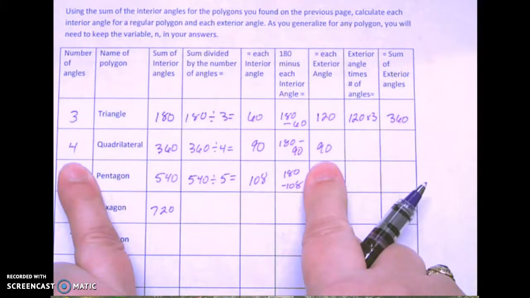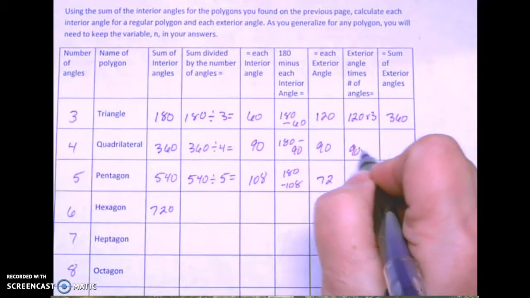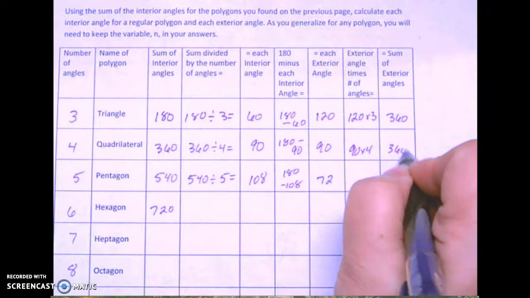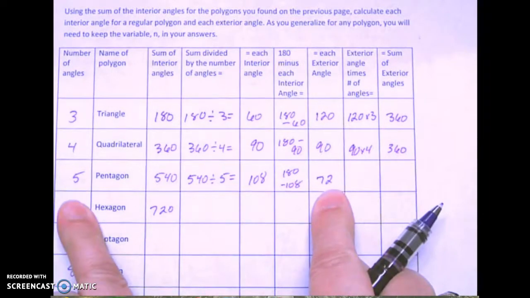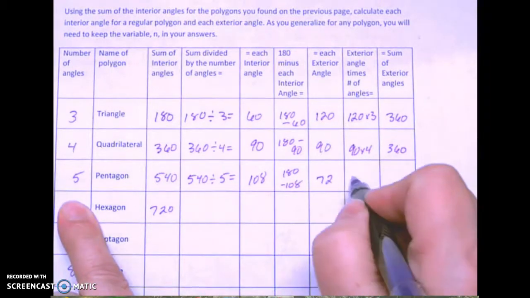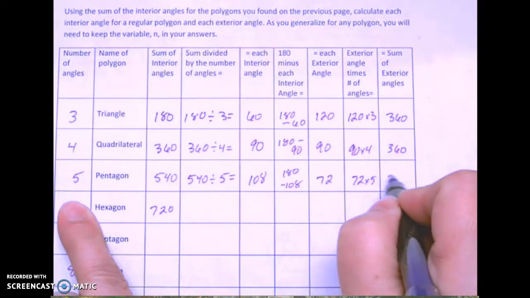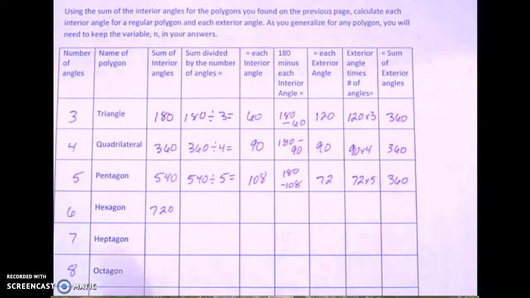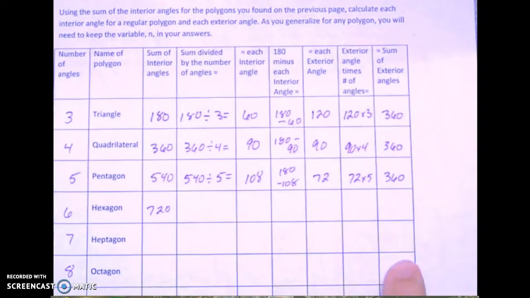The 90 times the 4 gives me 360. The 72 times the 5 gives me 360. The only one that will be a little bit off will be your heptagon, and that depends on how you rounded.